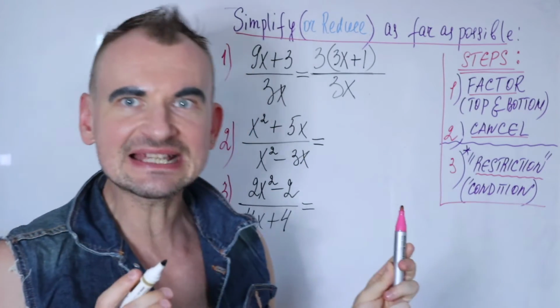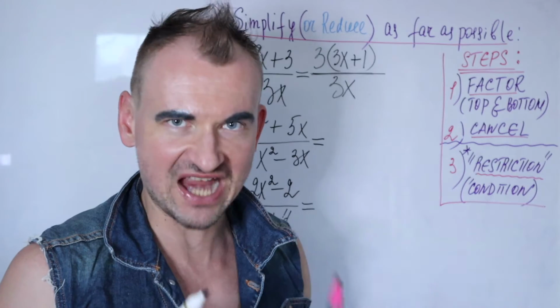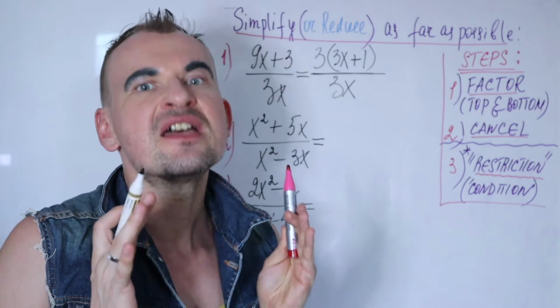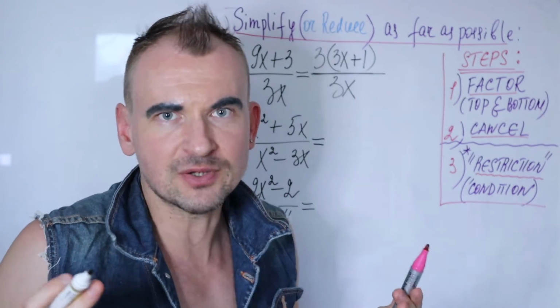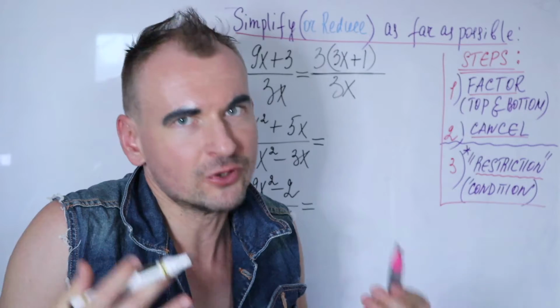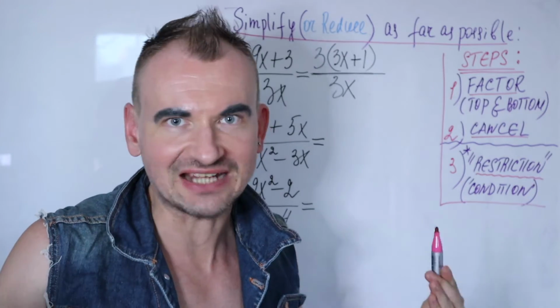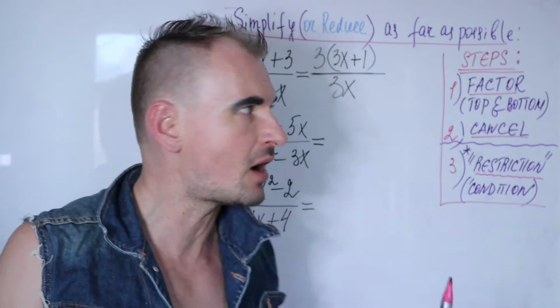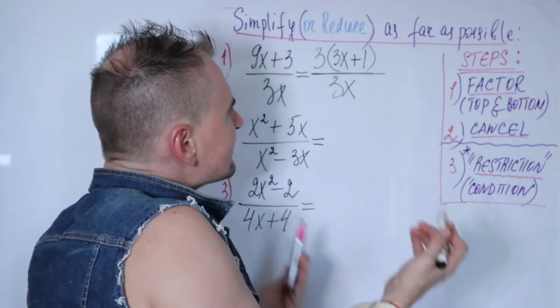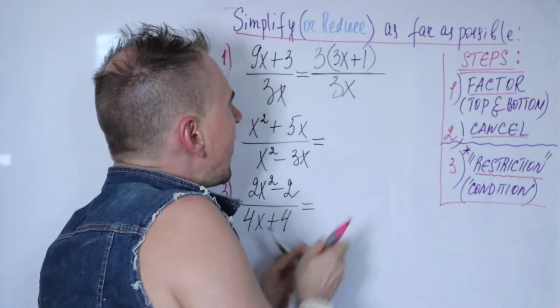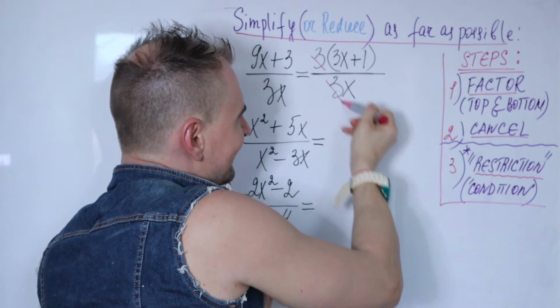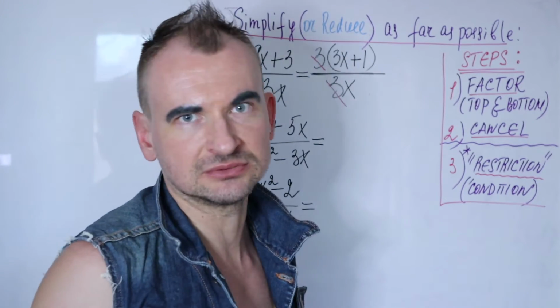Cancel the common factors if there are any, because sometimes there might be no common factors, so there is nothing to cancel off. In this case you have this 3 and this 3, which can be cancelled out.